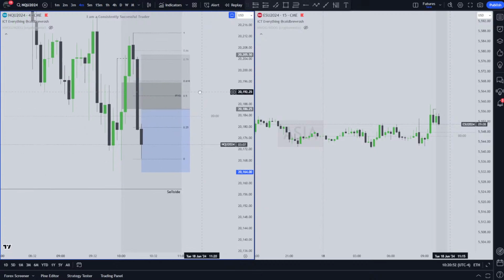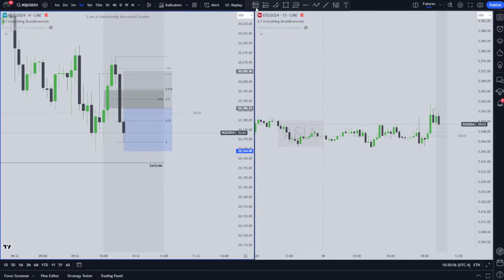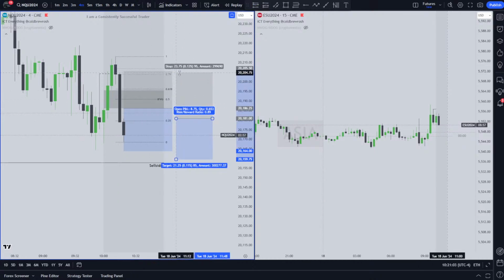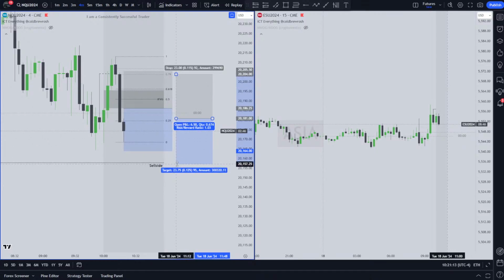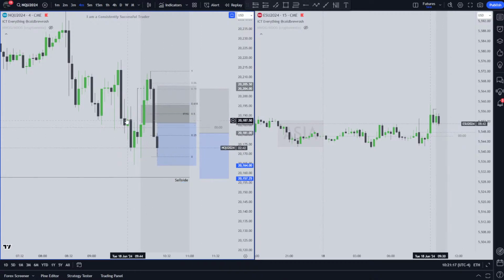If for this scenario we get this fair value gap being created, I will enter my limit here with a similar stop loss. Something like that maybe, and then target 1 to 1, just to that sell side basically. But it's to readjust the entry because sometimes when it creates this new PD array, that PD array doesn't get touched.